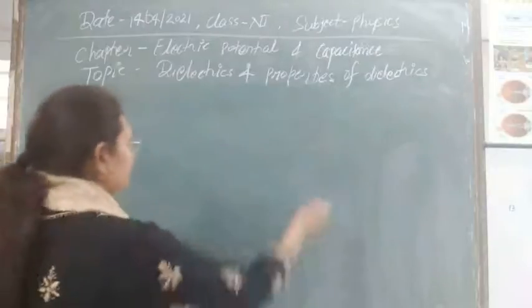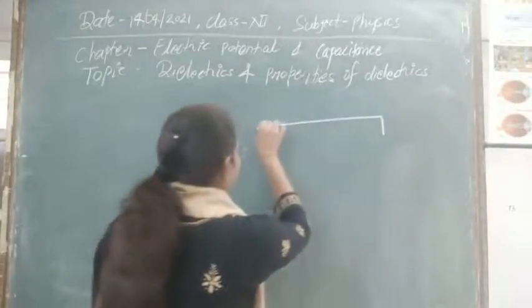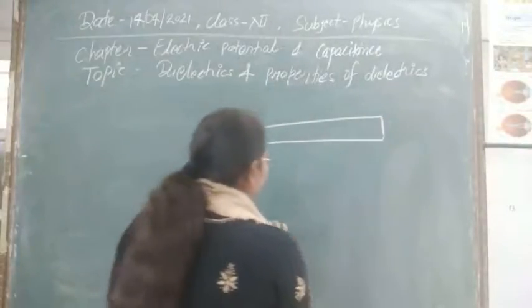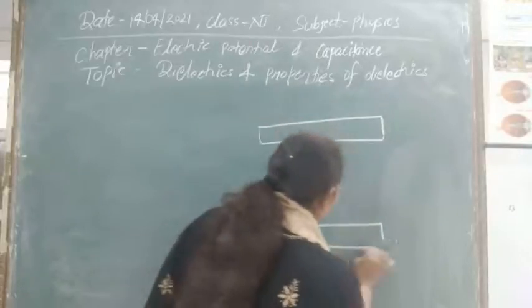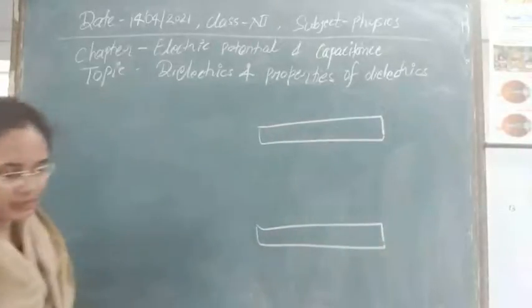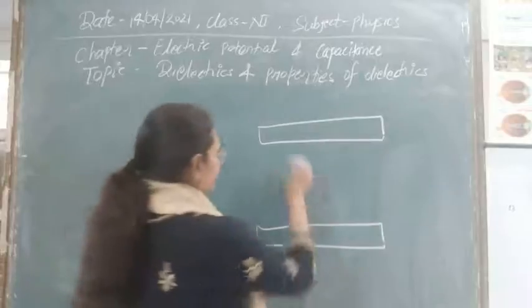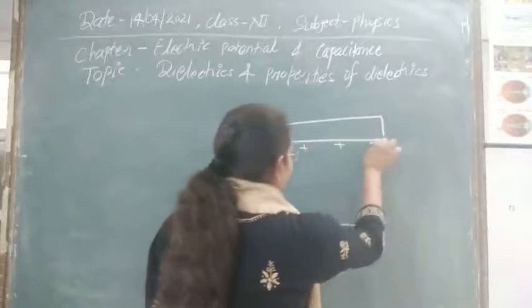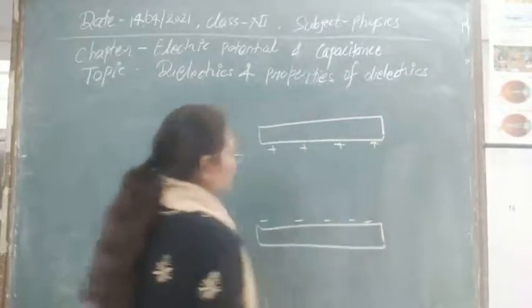Suppose we have two parallel plates, and on these plates we obviously have opposite charges distributed over them.